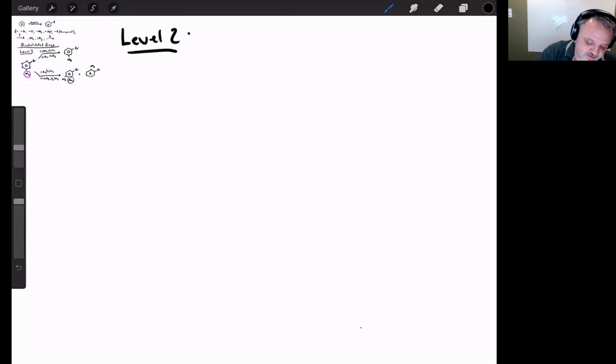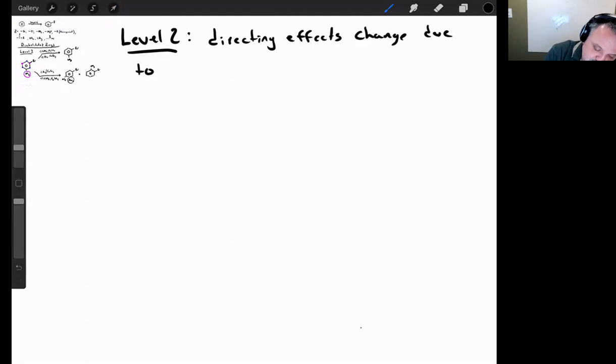And the basic idea behind this extra bit of complication is that directing effects change due to a change in an attached group.